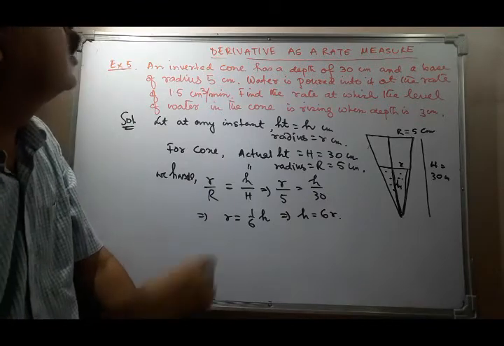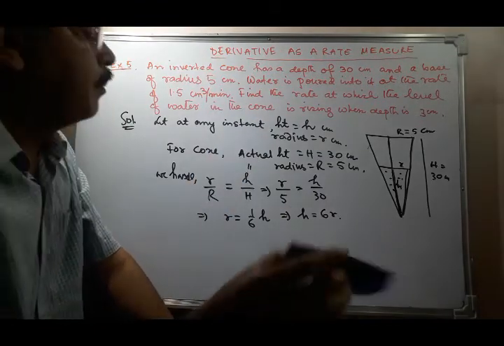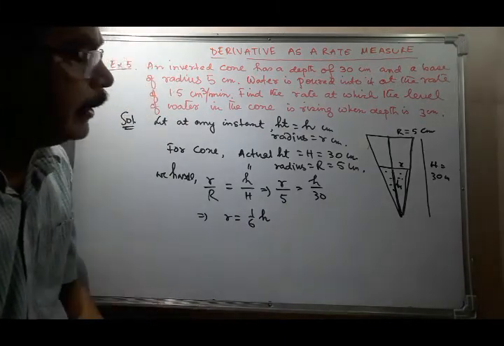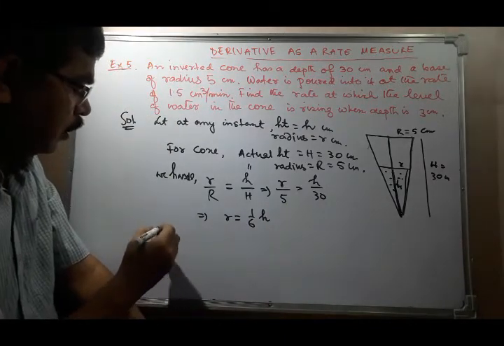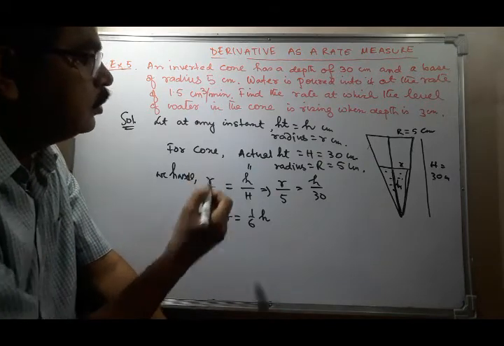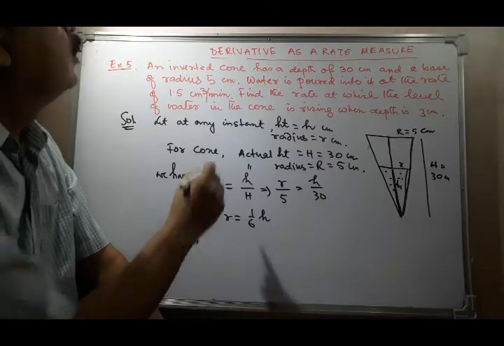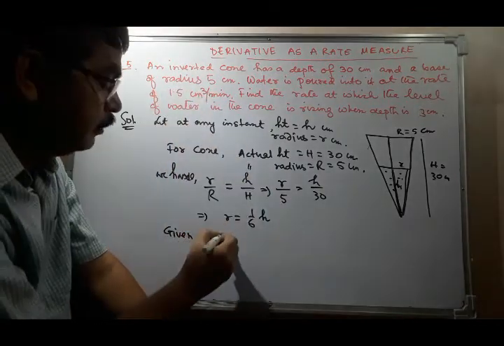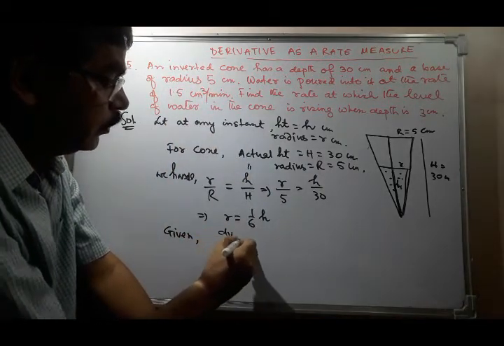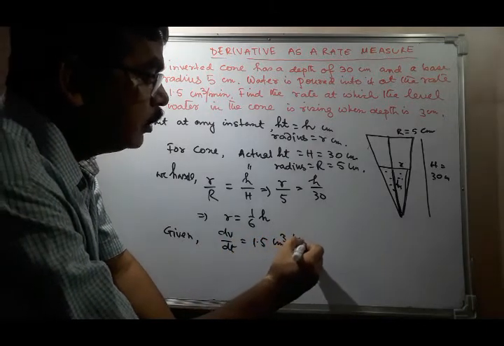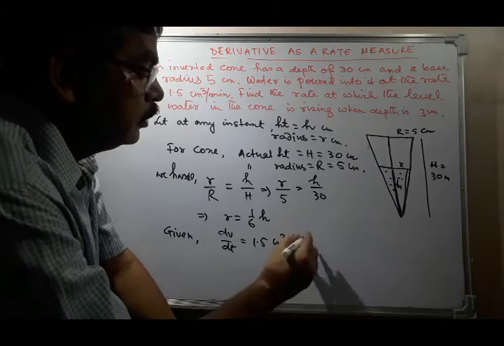Now what is the question asking here? r equal to 1 by 6 h. Now what is given further? Given is dV by dt equal to 1.5 centimeter cube per minute.